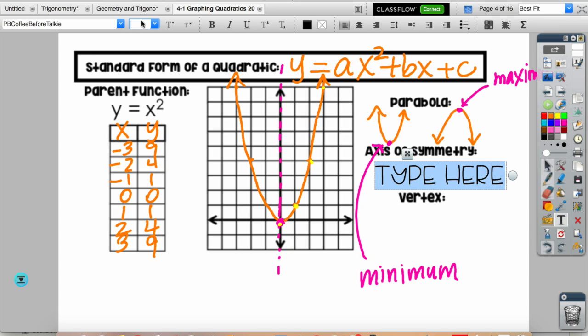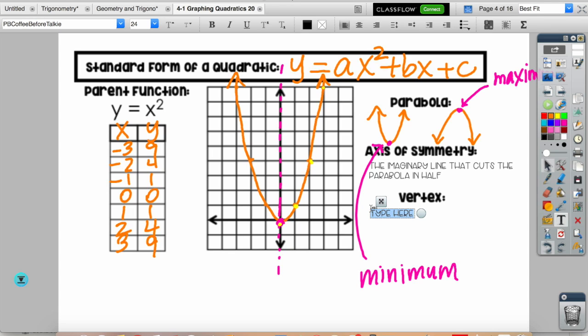The axis of symmetry is the line that goes straight through the middle of the quadratic. It creates symmetry. Does everybody know what symmetry is? Like if you were to fold it, the left side would lie directly on top of the right side. With a quadratic, it's called the axis of symmetry.